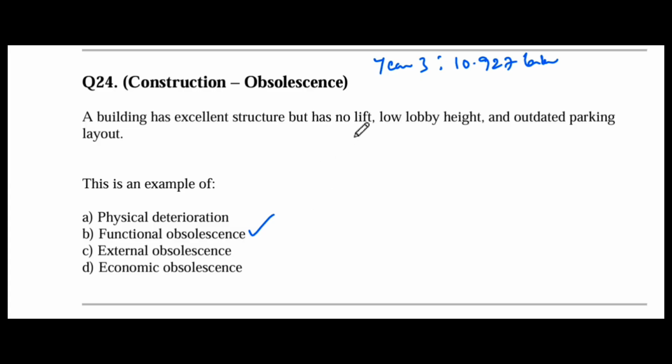There is no lift, and it is feasible to add the facility of a lift, so it is curable functional obsolescence. But the lobby height cannot be rectified, right? Once constructed, it is constructed. So that is incurable obsolescence. So all these combinedly are called functional obsolescence.